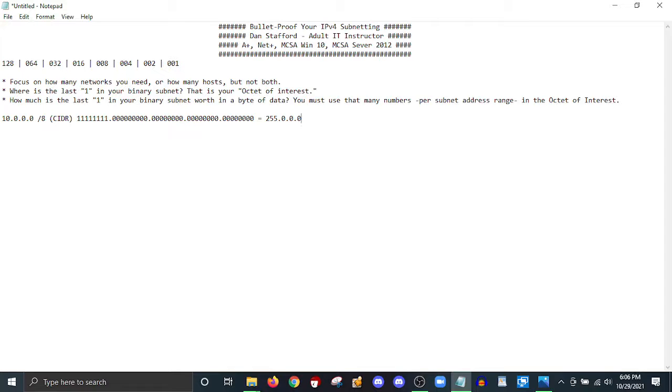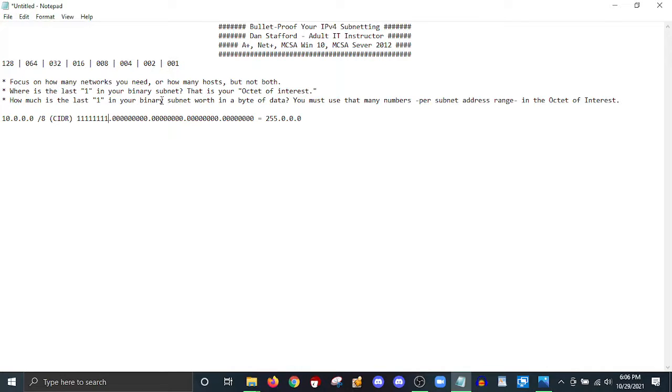Okay, so again, classful addressing here, right? Class A address, default subnet mask is /8. And when you look at it in binary, what that /8 is saying is that your subnet mask has 8 ones in it.